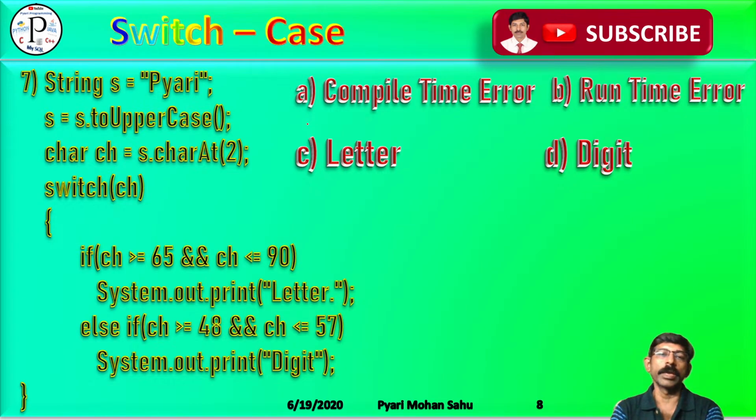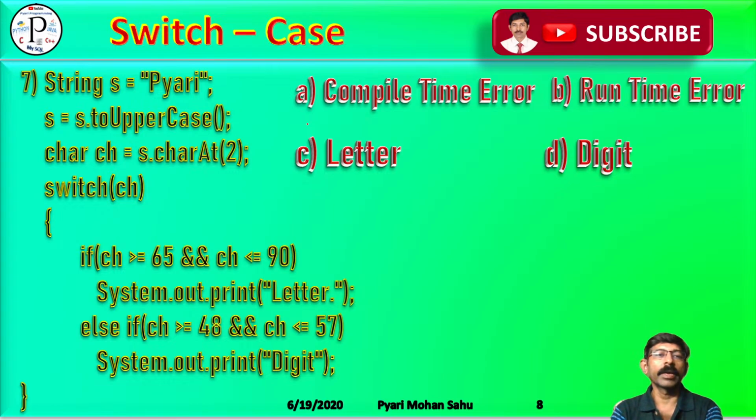We cannot use a variable, because a case only allows a constant. Constant cannot be a variable. It can be only a character or integer. It can be a string also.